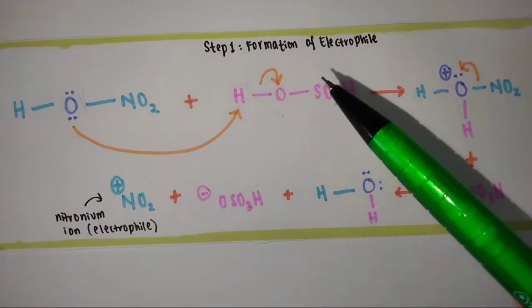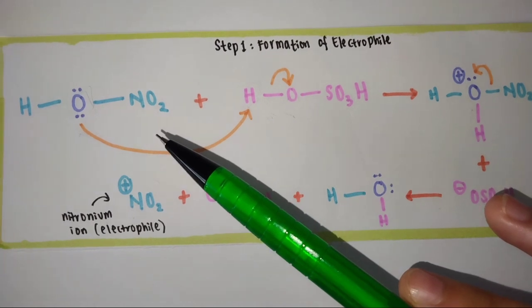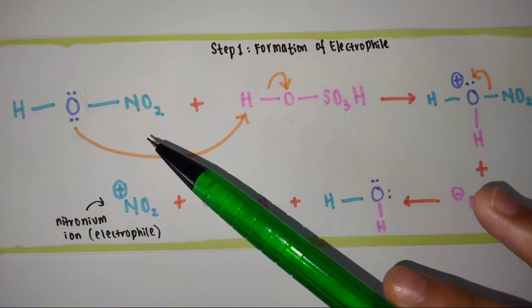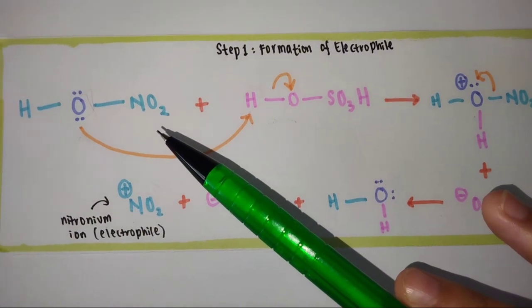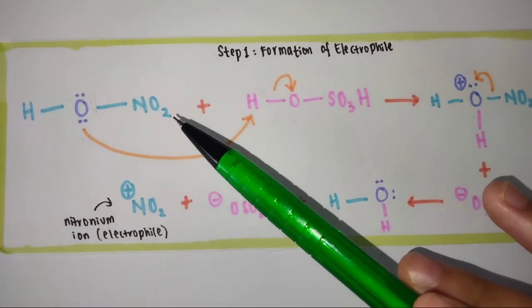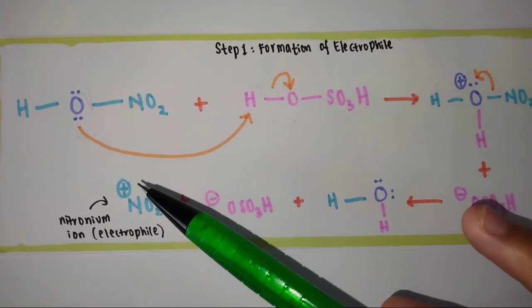So in this step, nitrobenzene does not react with nitric acid first because nitrobenzene is very stable, so there must be an electrophile before it can react with the nitrobenzene.